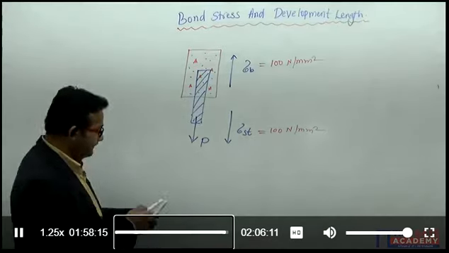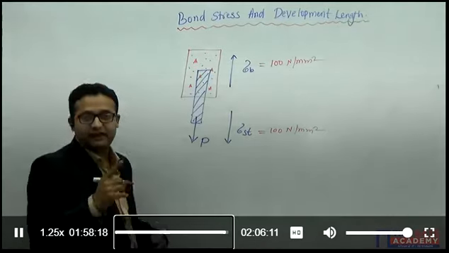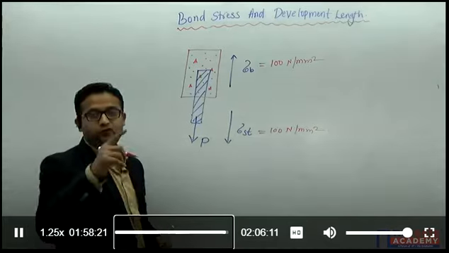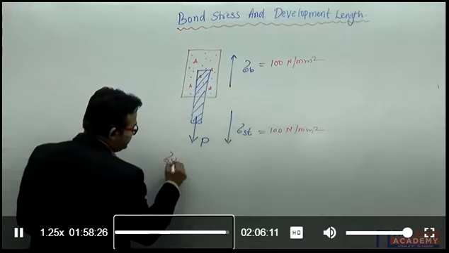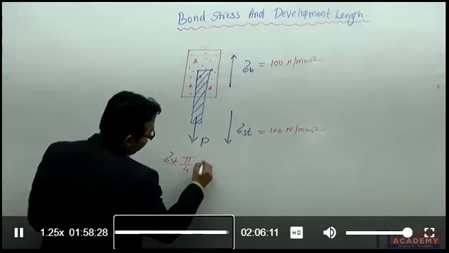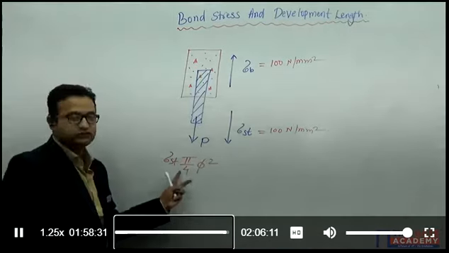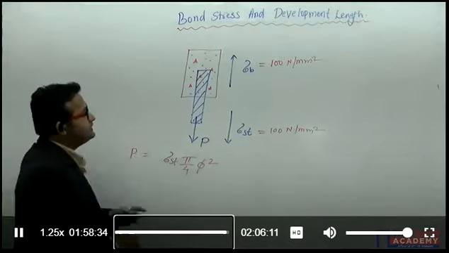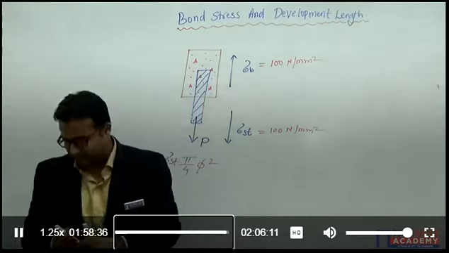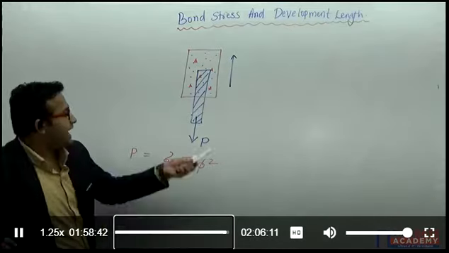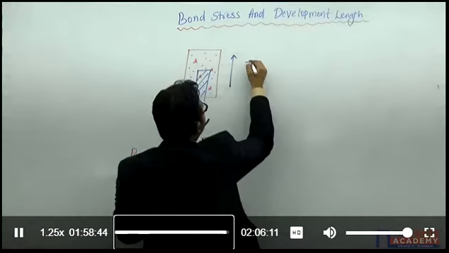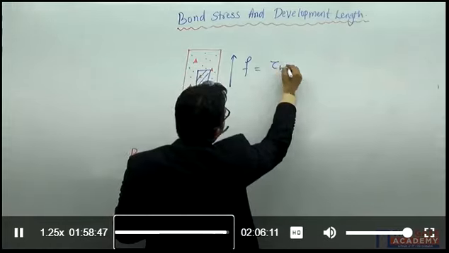I know how I am putting the P. P is equal to sigma ST into pi by 4 phi square, since they have given the stress sigma ST. This is the force, and P is equal to this force. Suppose the stresses are acting in the upward direction. So definitely, in the upward direction the force is acting and is equal to tau BD.